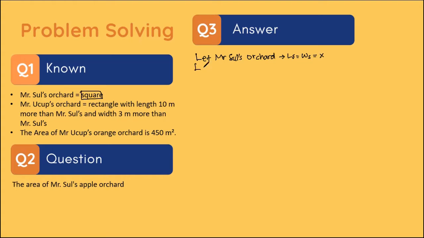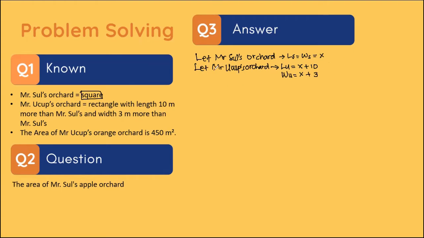And then let Mr. Ucup's orchard, the length is equal to the length of Mr. Soal's orchard plus 10, and the width of Mr. Ucup's orchard is equal to the width of Mr. Soal's orchard plus 3.